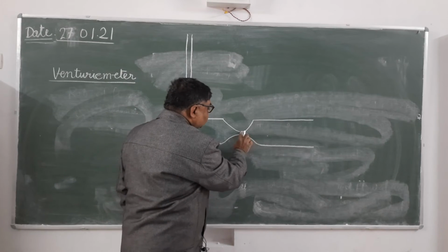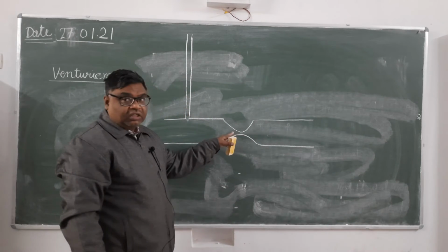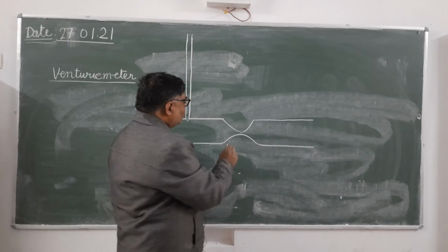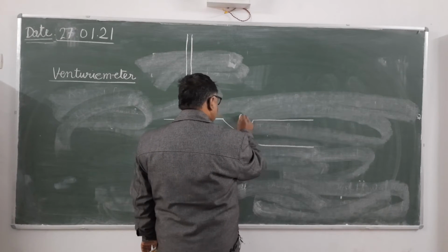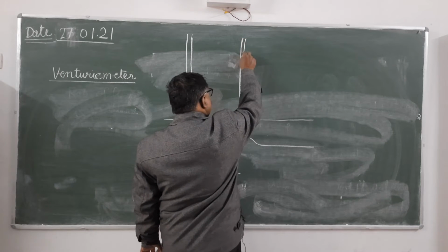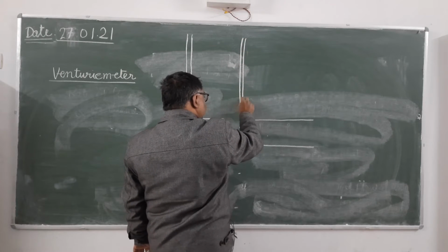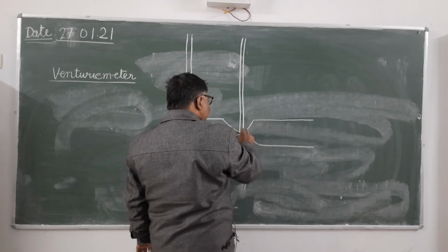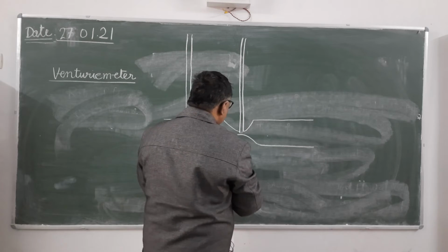Similarly here also there is a hole, you can see, and over this another vertical tube is mounted. What is the purpose, that I will tell you afterwards. You can see here.